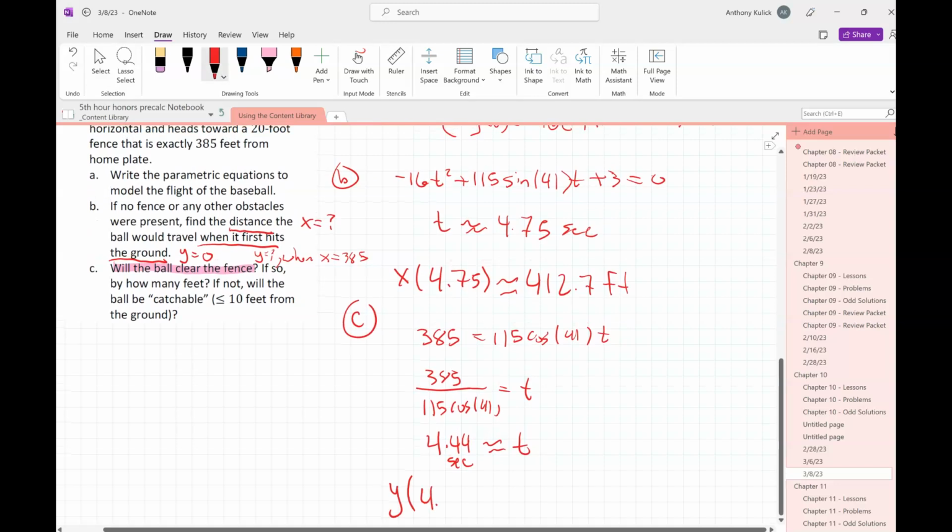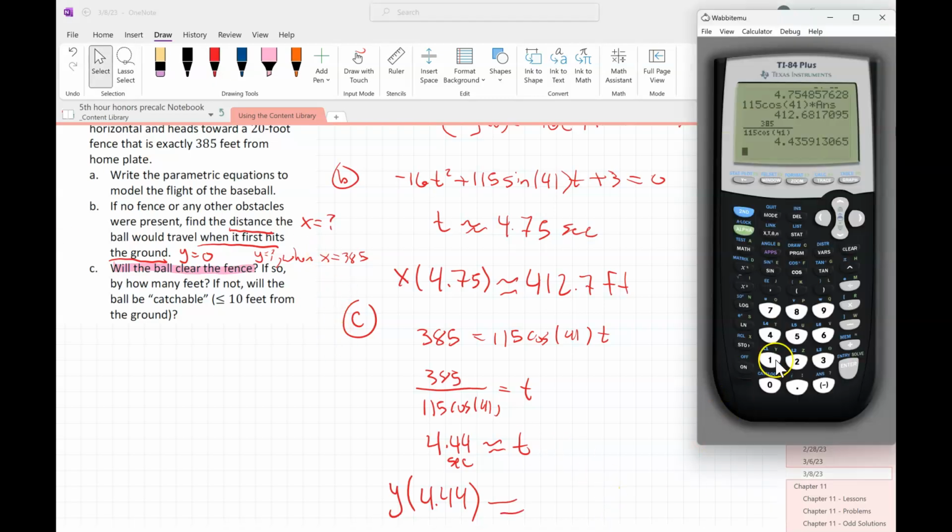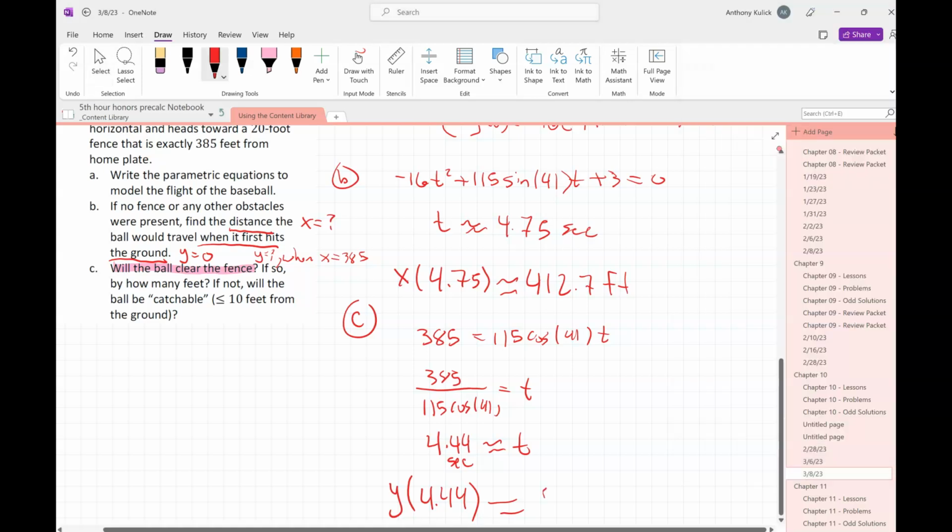So then I'm just going to plug that into the equation for y and see what I get. So negative 16 times that answer squared plus 115 sine 41 times that answer plus 3. So I get 22.8 feet.